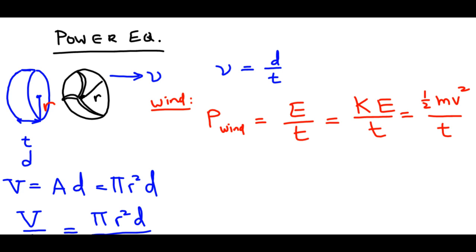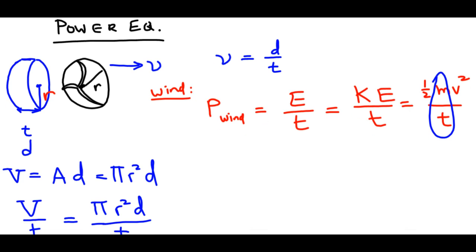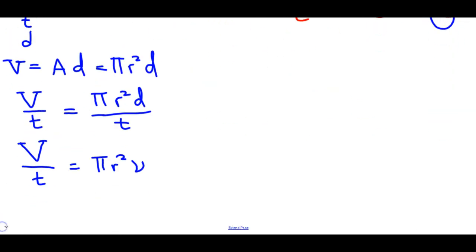Right? But look at this. Over here, we have mass per time. Right? How many kilograms pass through per second through this turbine. As it turns out, we're going to be able to use that and relate it to volume per time. And you probably could guess how these two will be related.